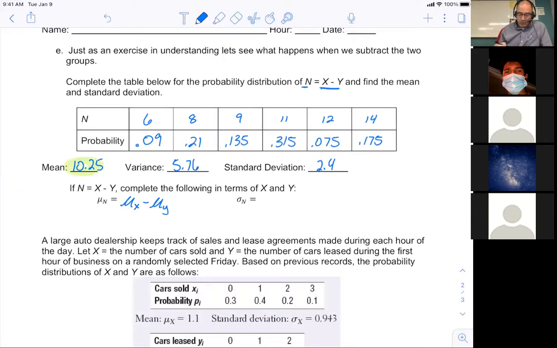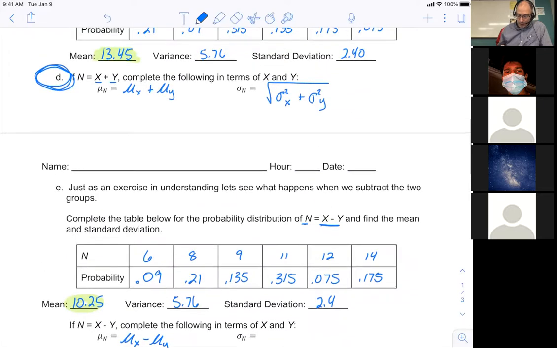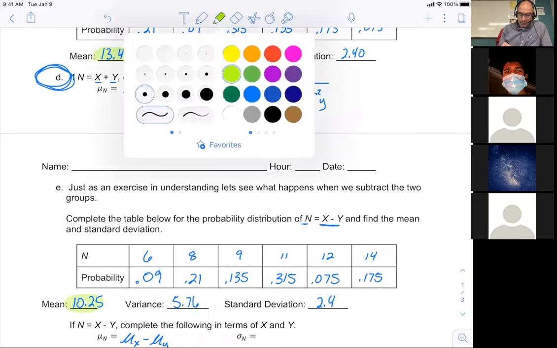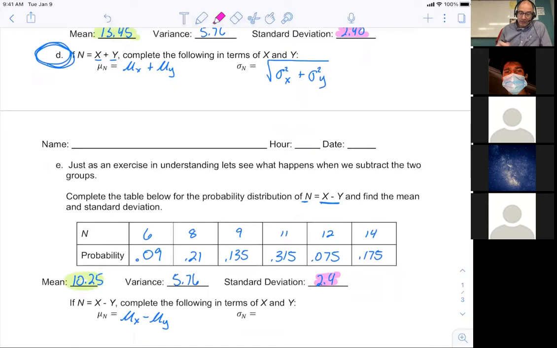However, the weird part was that my standard deviation was at 2.4 whether I added or subtracted them. So that's the part that we have to remember, and this is the part that will trip people up when we go to find the standard deviation.